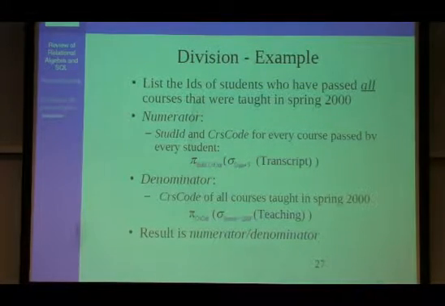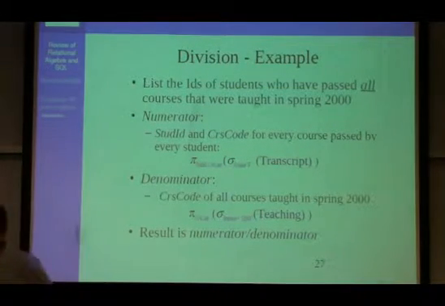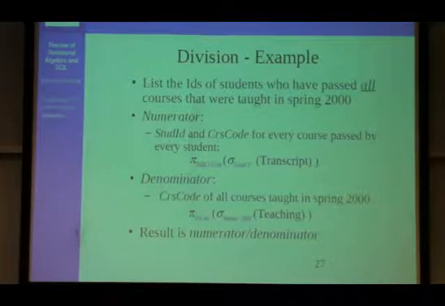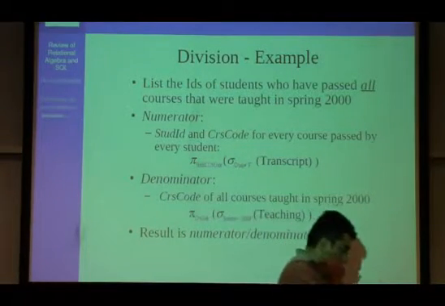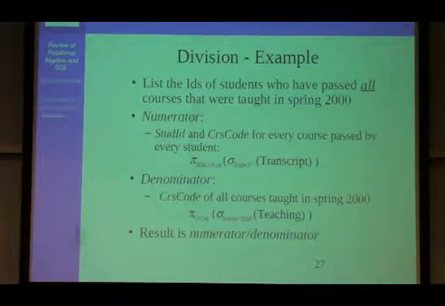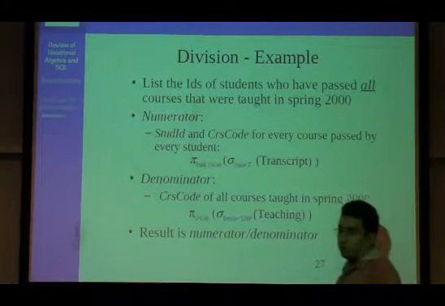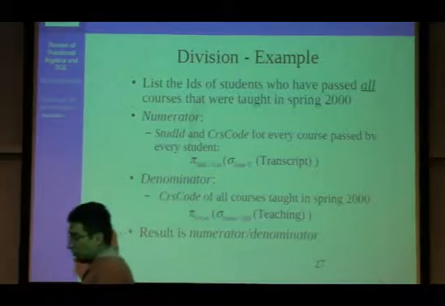So here is one example. We want to list the IDs of the students who have all the courses that are not taught in spring 2000. In order to express a relational algebra expression to solve this, we need to first determine what is the numerator and what is the denominator of this division.